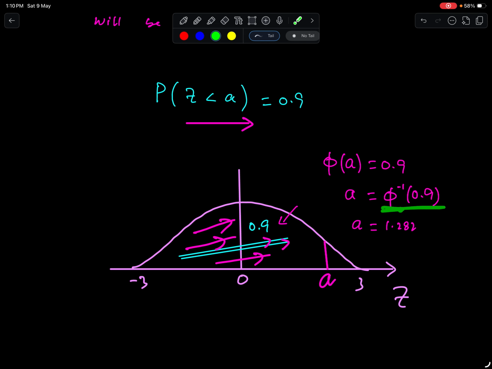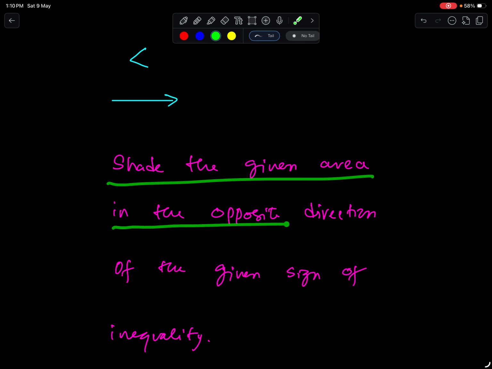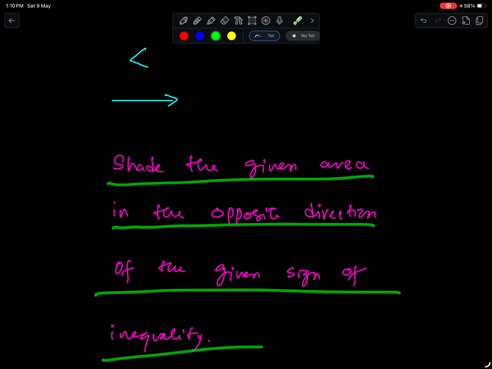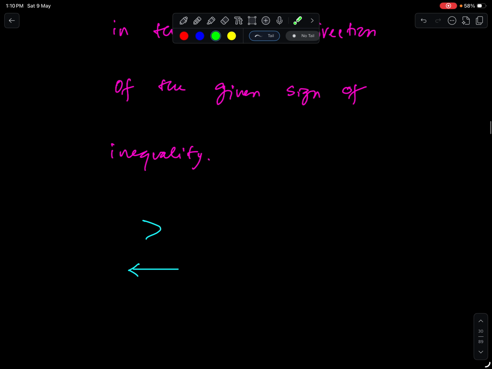Then phi inverse. And now how to find phi inverse? I explained this after completing inverse normal. So shade the given area in the opposite direction of the given sign of inequality. For this, shade in this way, and for this, shade in this way. That's the rule.